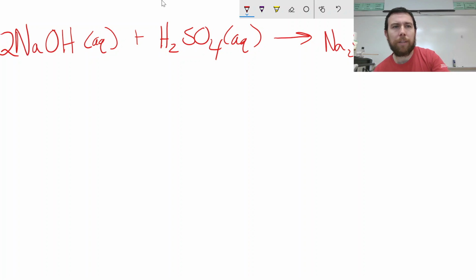That gives me 2 sodiums. We've got 1 sulfate, and then it looks like we've got 4 hydrogens because we've got the 2 from the sodium hydroxide and 2 from the sulfuric acid. So if I put a coefficient of 2 in front of my liquid water, I think at this point we have a balanced chemical equation, right?